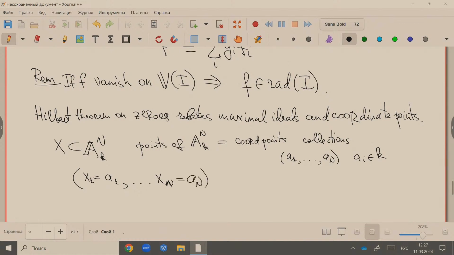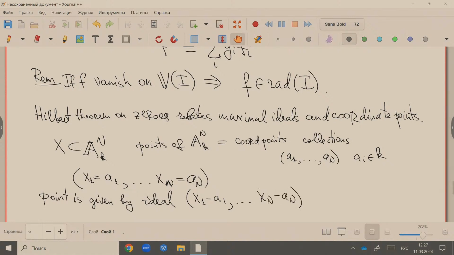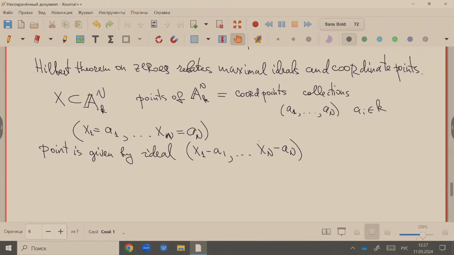So the point is given by the ideal (x1 minus a1, etc., xn minus an). The claim is that this is the smallest variety that you can define, so the ideal defining it should be maximal.